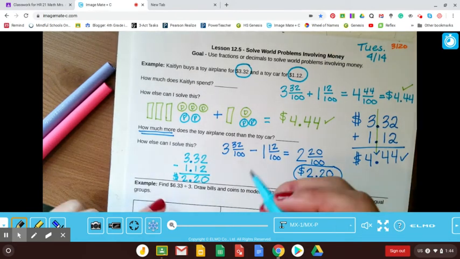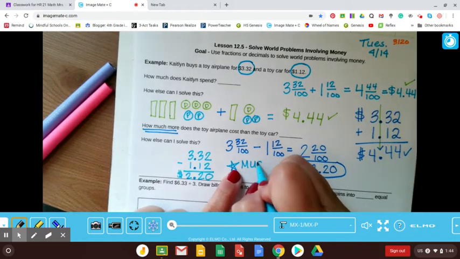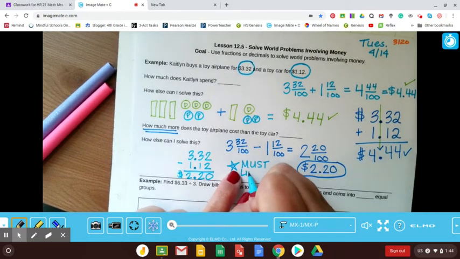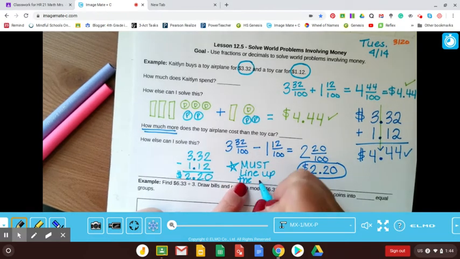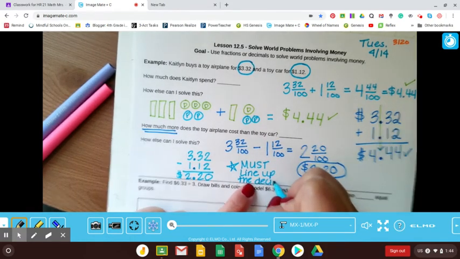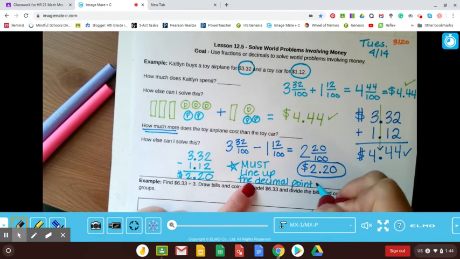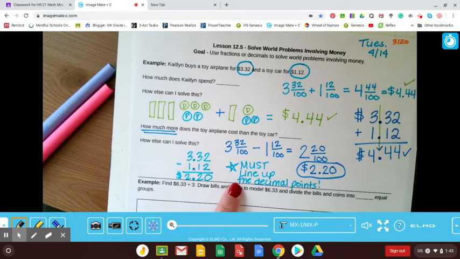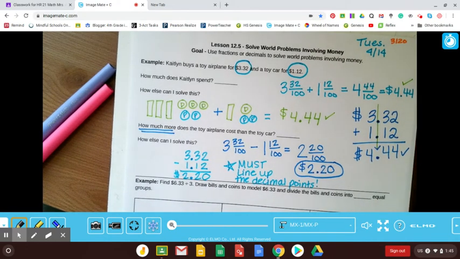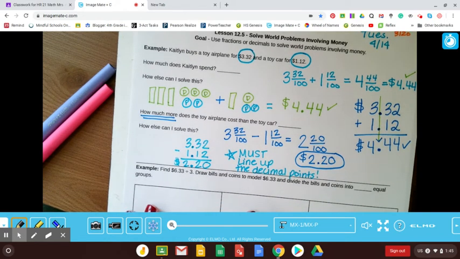So key point here, and I'm going to write it with a star, you must, and please write this on your paper, line up the decimal points. And by doing that, you're lining up all of your other place value digits as well. Key. Very important.